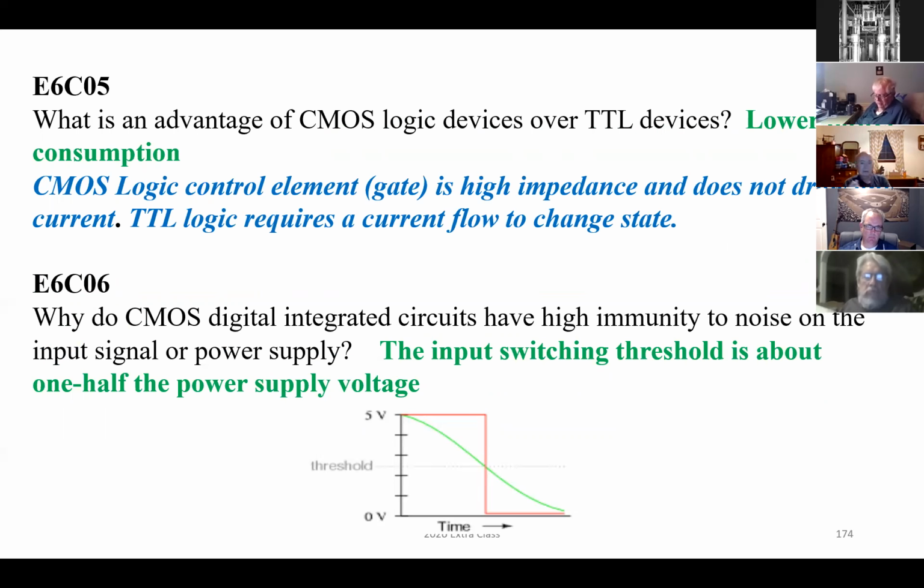What is the advantage of CMOS logic devices over TTL devices? D. Low power consumption. Number 6, why do CMOS digital integrated circuits have high immunity to noise on the input signal or power supply? C. Charlie, the input switching threshold is about 1/2 of the power supply voltage.